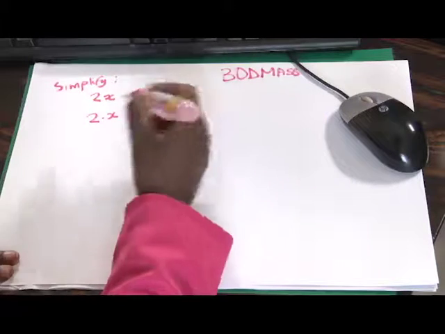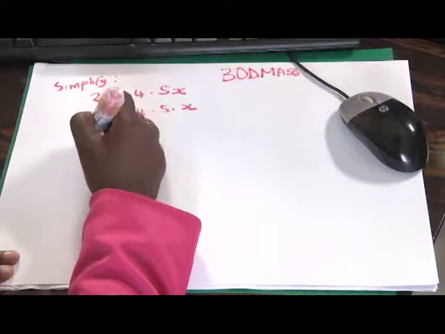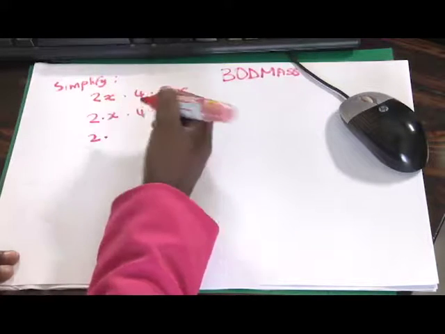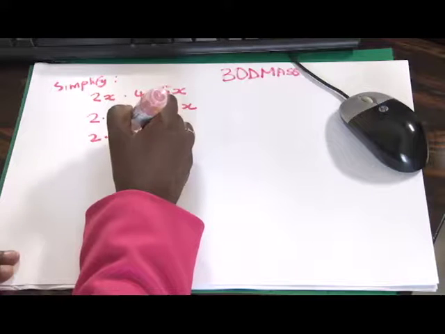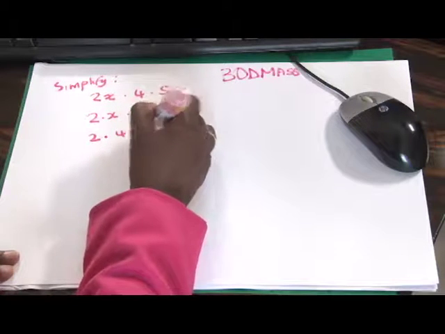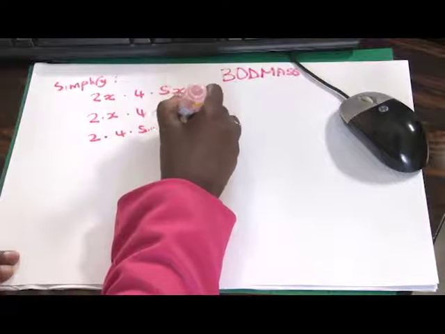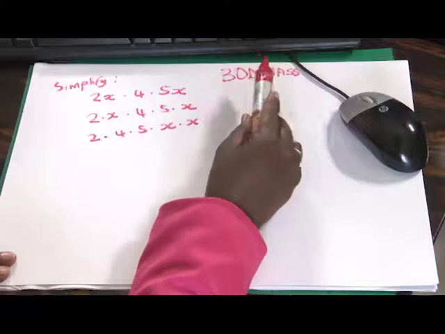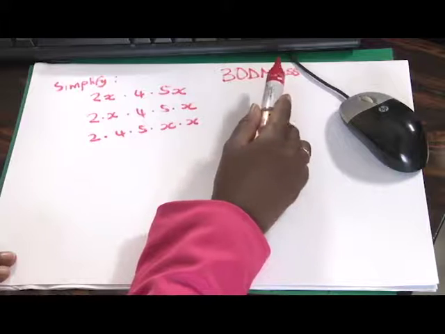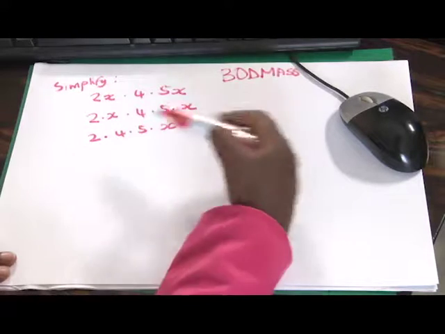We can take the x's out and order them correctly. Then it gives us 2, only the numbers on one side, times 4 times 5 times x times x. Now, we don't have a division, we only have multiplication after ordering.